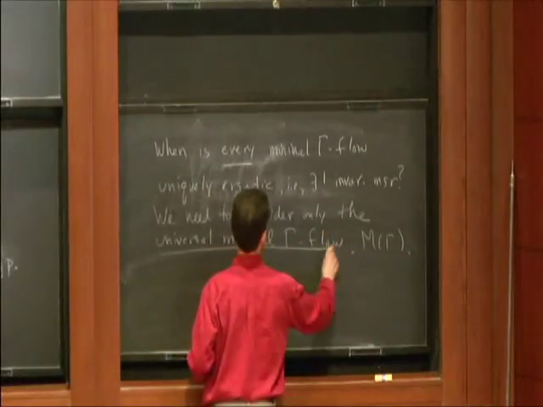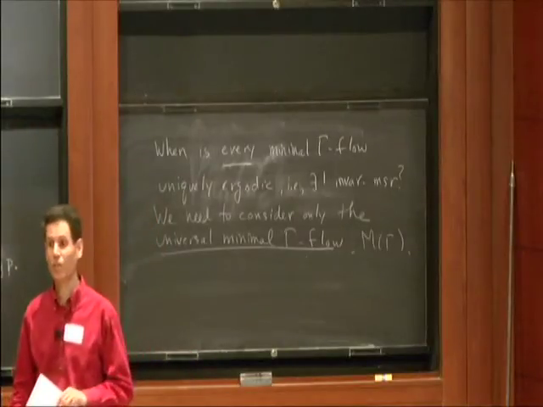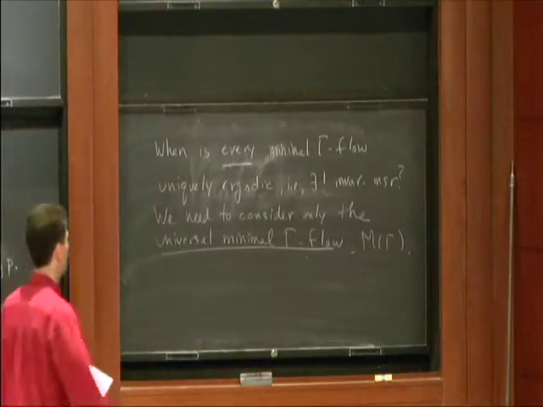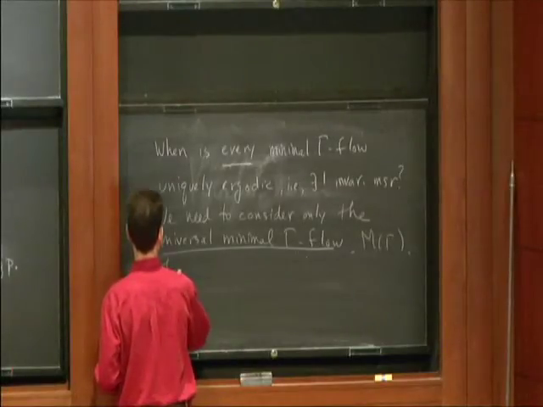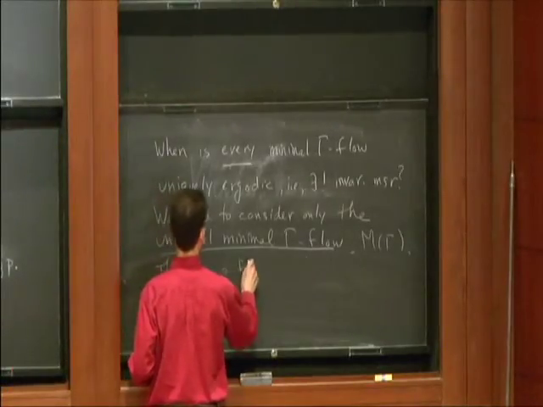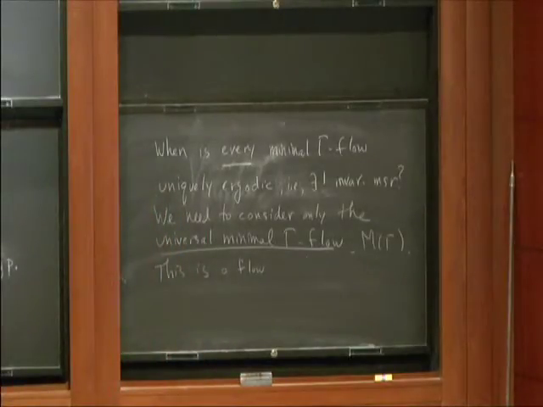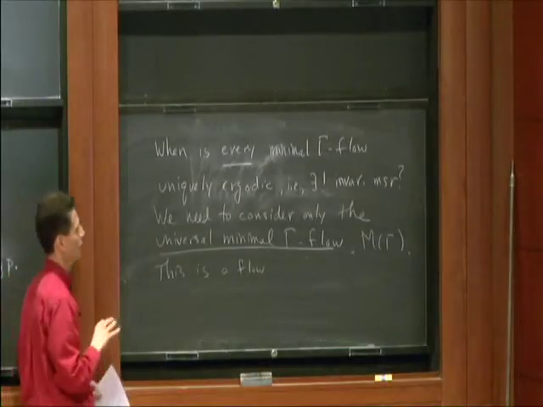So what is that? This is something whose existence you can prove abstractly. This is a gamma flow such that every other minimal action factors through it. In general, there's this other space that gamma is acting on, M of gamma.